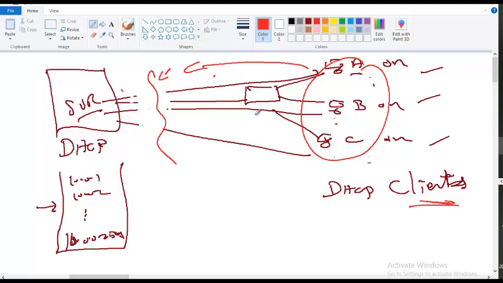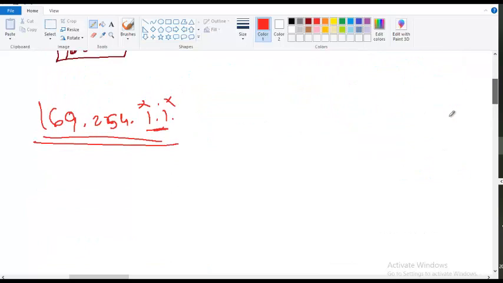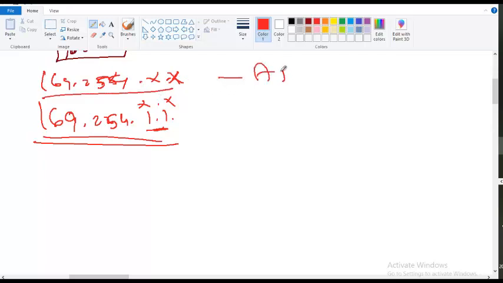So this address is called APIPA, 169.254.x.x. This range of addresses is called APIPA, Automatic Private Internet Protocol Address, dynamically generated if the DHCP is not providing an IP address.